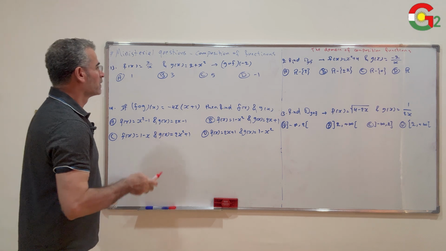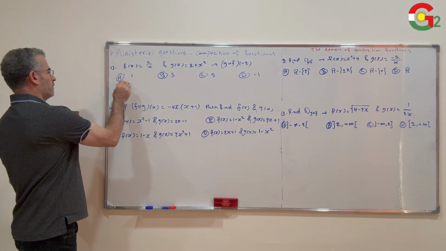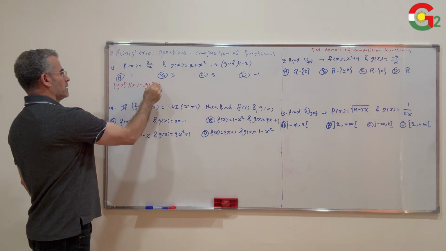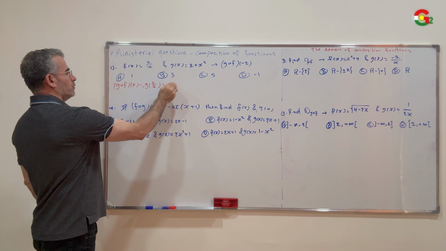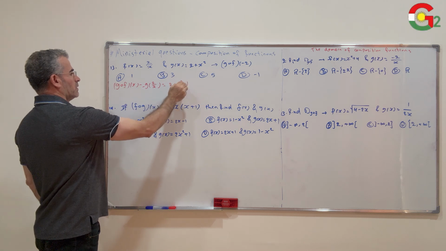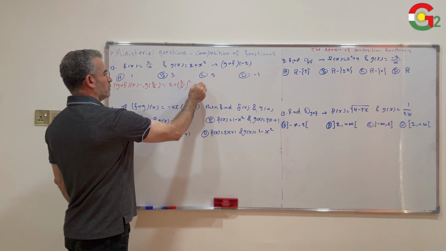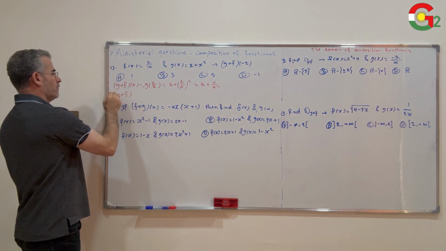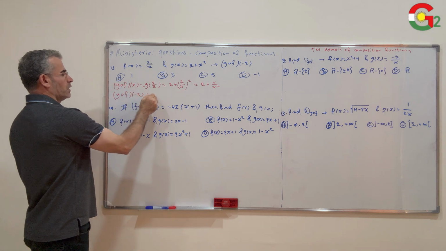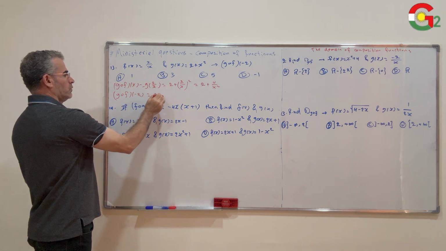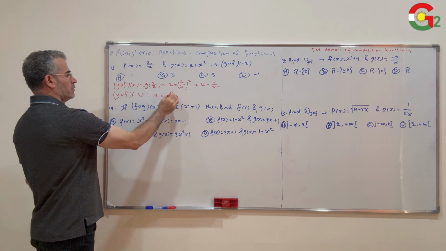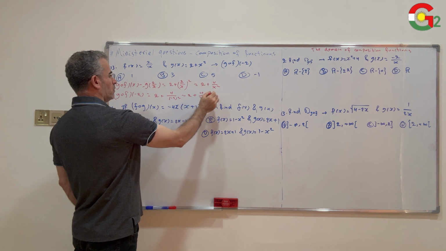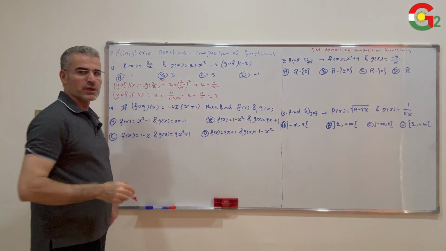Find g of f of negative 2. g of f of x equals g of 2 over x, which equals 2 plus (2 over x) squared, which equals 2 plus 4 over x squared. g of f of negative 2 equals 2 plus 4 over (negative 2) squared, which equals 2 plus 4 over 4, which equals 3. Choice B.